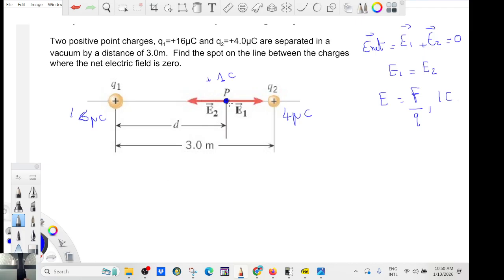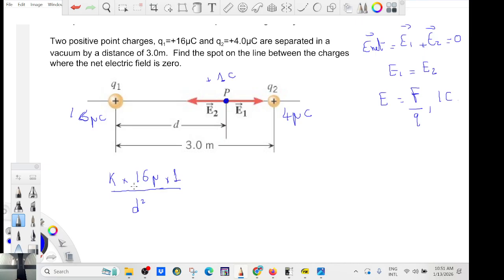So the force on 1 coulomb from Q1 is just the constant K, the source is 16 micro coulomb, and then the distance is d squared.